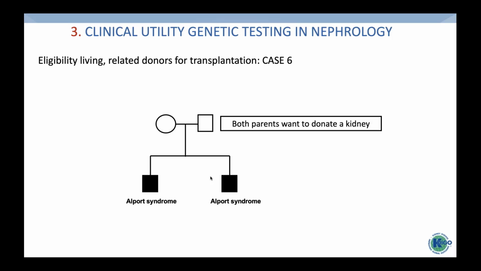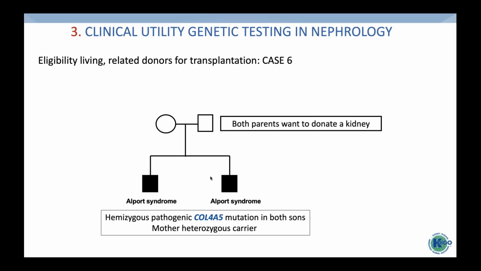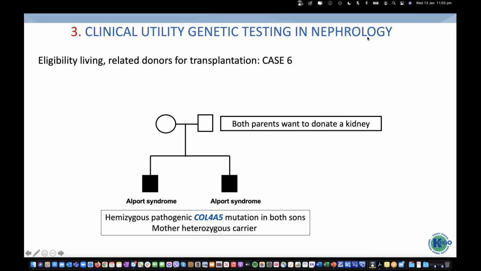However, when we did genetic testing, we found a COL4A5 mutation, of course, in these two kids. That was expected. And also the mother appeared to be a heterozygous carrier. So this meant that she could not be a kidney donor for both of her sons, and only the father was available for giving one kidney to one of his children.